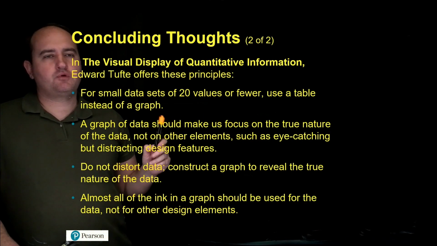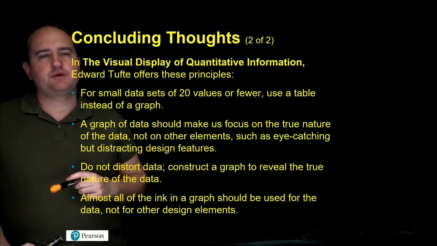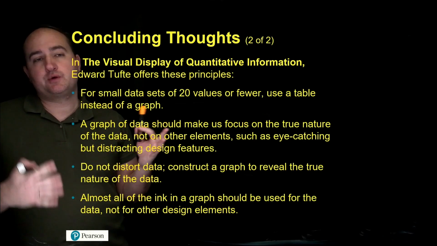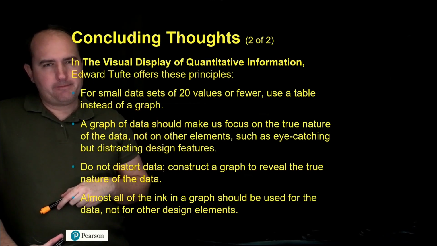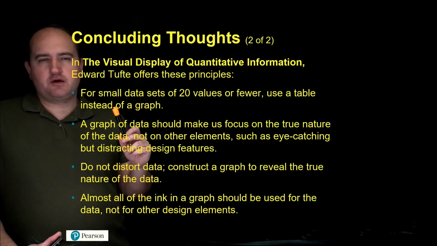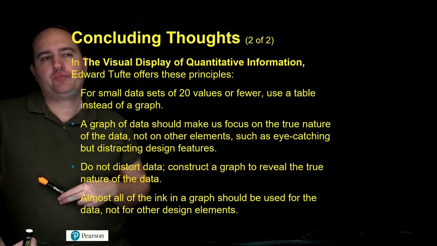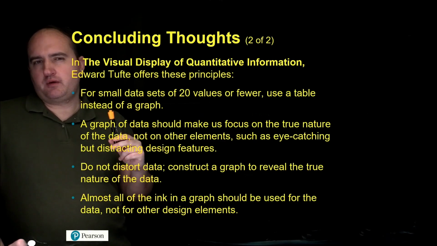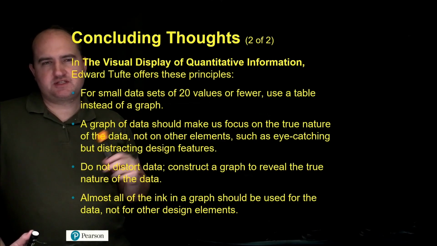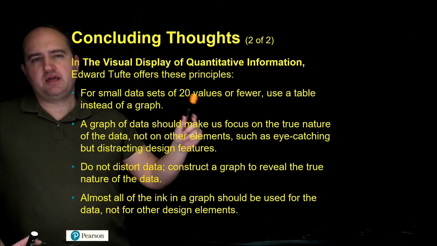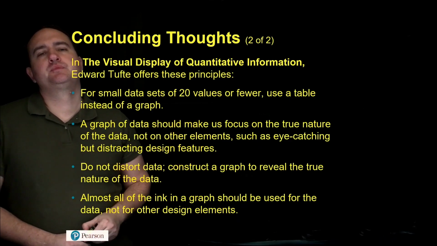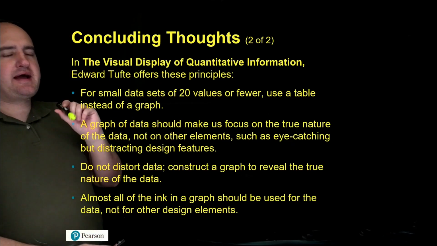So that can be useful if you don't have a lot of data values to just make something like a frequency table. And then sometimes a histogram could be helpful. But here they're saying that it might be better to just use a table rather than a graph if you don't have that many data values. So that's a good general guideline.